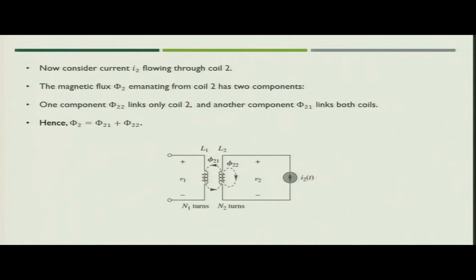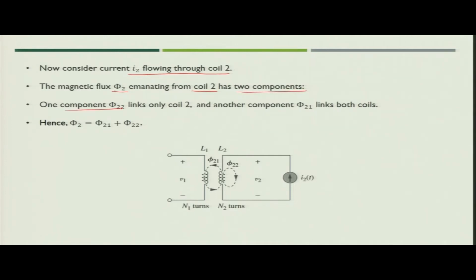Now, let us consider that the current I 2 flows through coil 2. If you see the figure in the slide, I 2 is the current source connected to coil 2. The flux phi 2 generated by the current I 2 will again have two components.